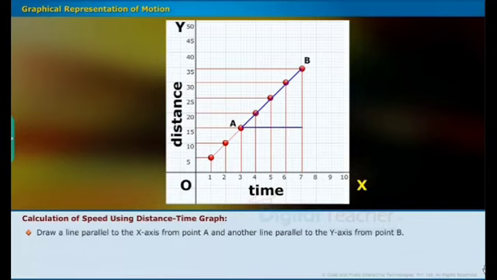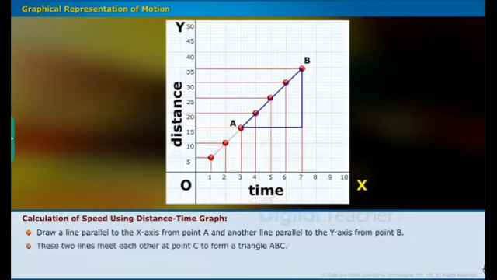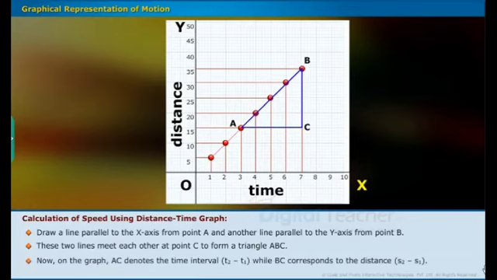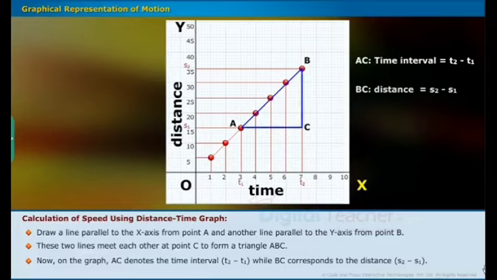Draw a line parallel to the x-axis from point A and another line parallel to the y-axis from point B. These two lines meet each other at point C to form a triangle ABC. Now on the graph, AC denotes the time interval T2 minus T1 while BC corresponds to the distance S2 minus S1. From the graph, it can be observed that in time interval T2 minus T1, the object traveled a distance equal to S2 minus S1.